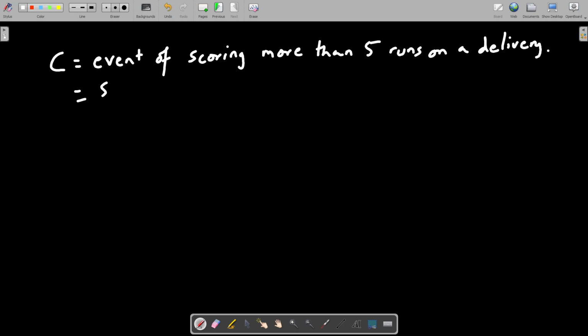What will be the elements of this event? 6 is there. What other options were there? 6 plus no ball is also there. What else is there? So what will be C complement? It will be the remaining 21 or 22 elements which are there.